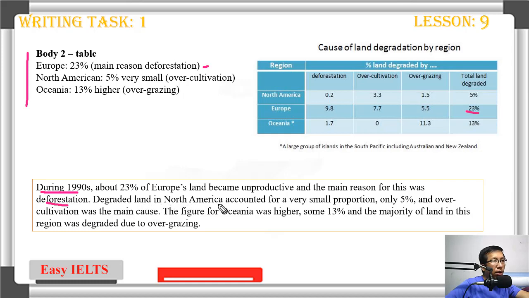Degraded land in North America accounted for a very small proportion, only 5%, and over-cultivation was the main cause. Okay, that's sentence number 2. Sentence number 3, the figure for Oceania was higher, some 30%, and the majority of land and nutrition were degraded due to over-grazing. So this is the body 2.